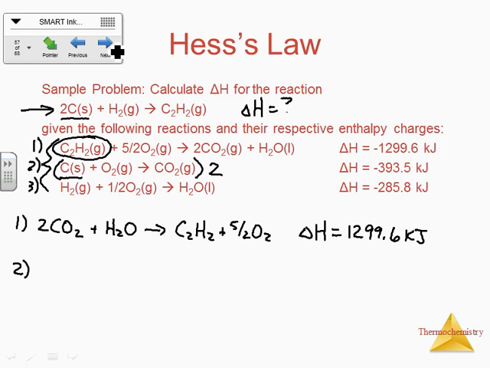So I'm going to end up with 2 carbons plus 2 O2. And that's going to give me 2 CO2. Okay? And my delta H for that second one, because I multiplied the equation by 2, delta H is an extensive property. That means you increase the number of moles that you're burning, you're going to increase the heat. So this is now going to be negative 787.